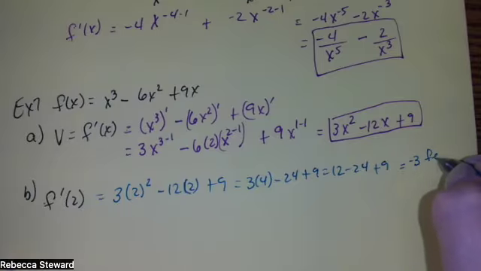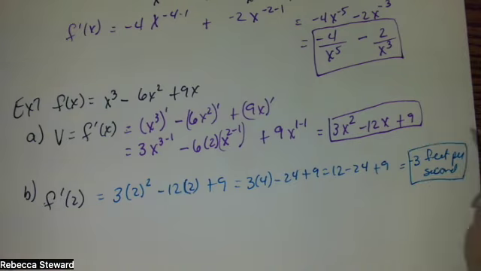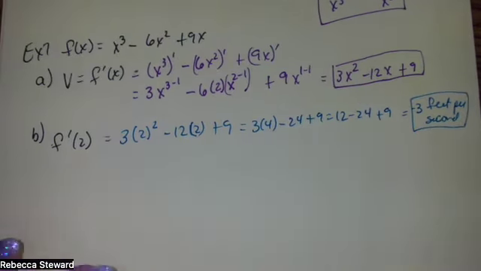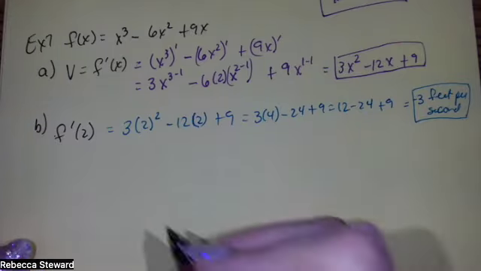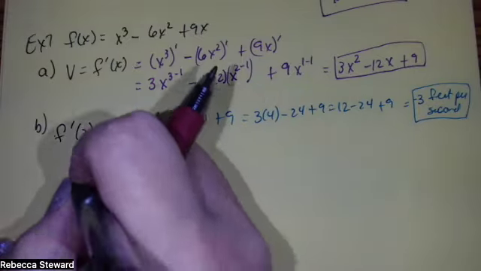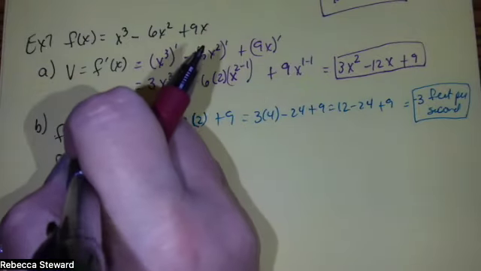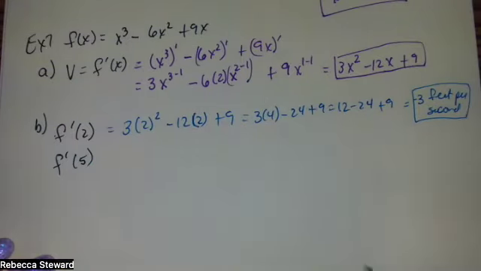And that is feet per second. So again, if you just want to put that in the calculator, you can. Sometimes I like to do the mental math. And then we also need to find our f prime at 5, because those were the two values they asked.